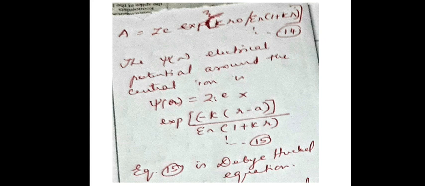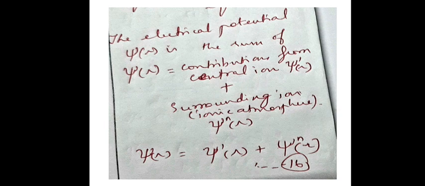So this is the Debye-Huckel equation, and the solution is dilute. The electrical potential is the sum of the contributions from the central ion and the surrounding ions, that is our ionic atmosphere. So psi r is equal to psi dash r, that of the central ion, and psi n r, that of the surrounding ions, because you will have n number of ions.